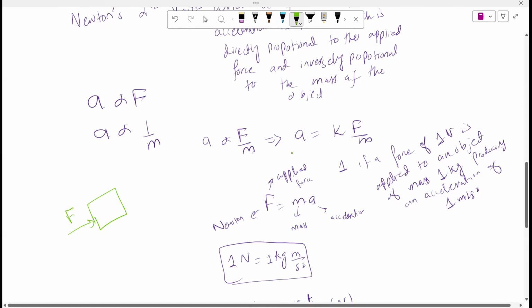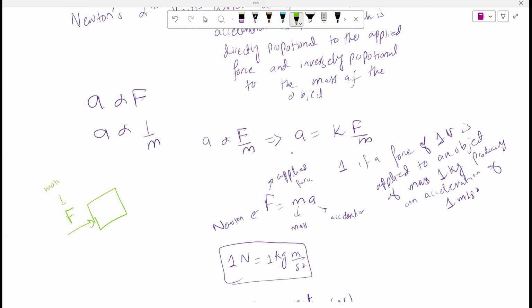I have applied some force onto it. Due to the application of this force, we have studied that it could change the motion and could change the speed or position. So due to this applied force, some acceleration would be produced in that object because change of velocity with respect to time will occur.